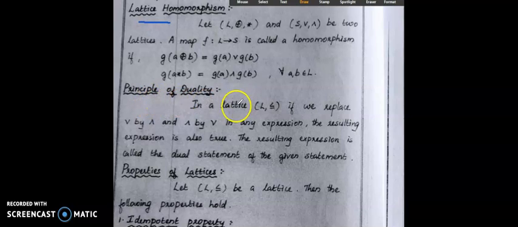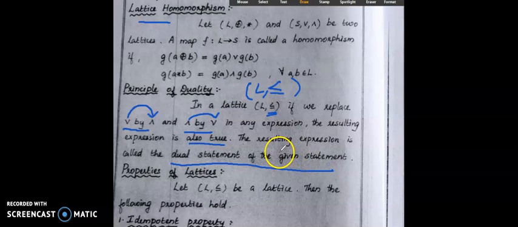Then the principle of duality. In a lattice (L, less than or equal to), if we replace OR by AND and AND by OR in any expression, the resulting expression is also true. The resulting expression is called the dual statement.